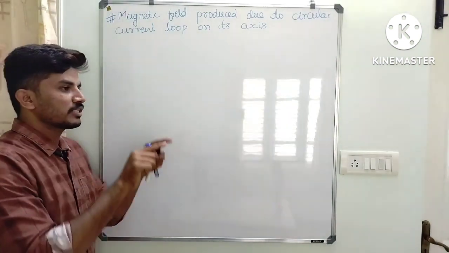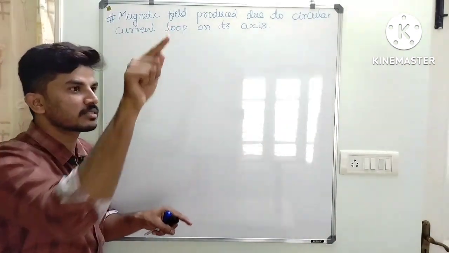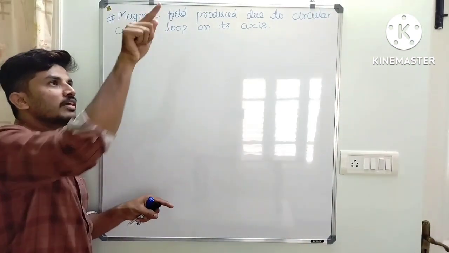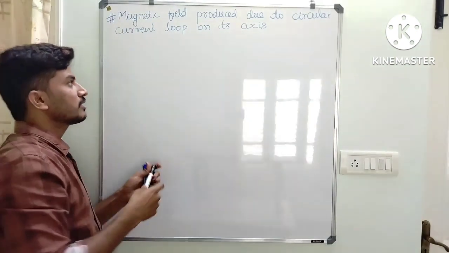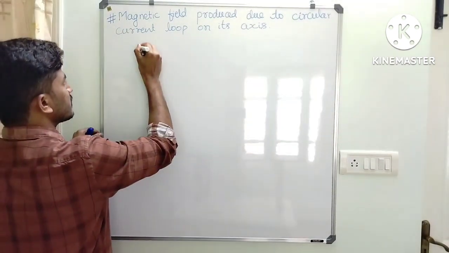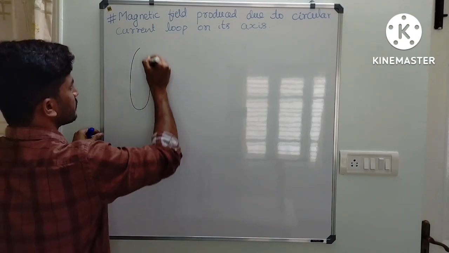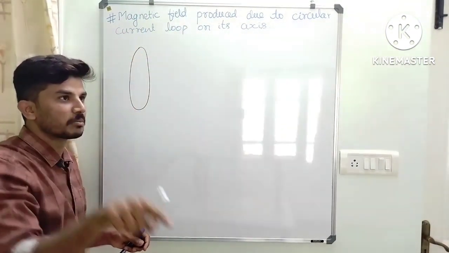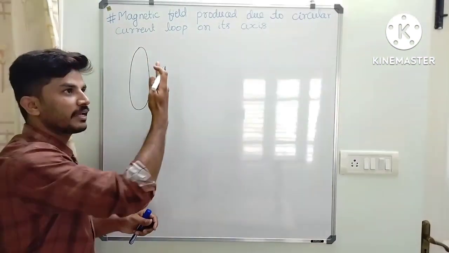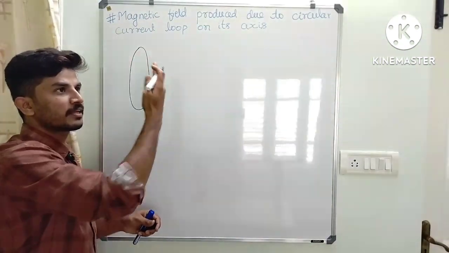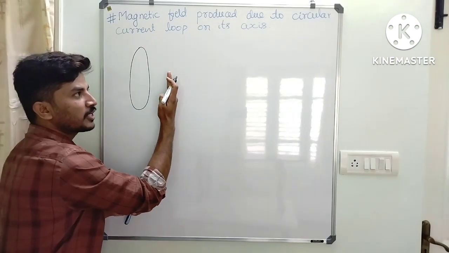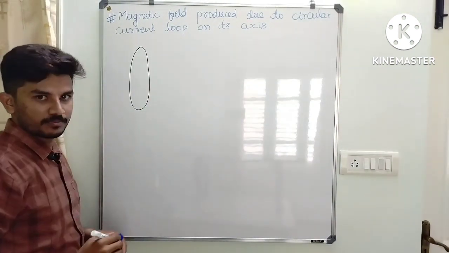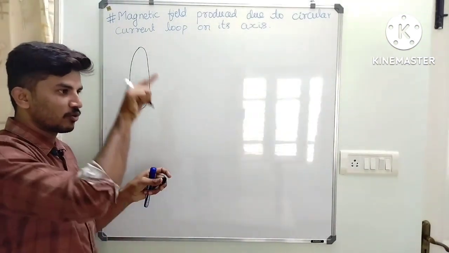See, so if I consider a circular current loop like this, I can't draw it perfectly, but let me consider like this. It is not the circular loop like this, but it is like this. Do remember, the plane of the circular loop is perpendicular to the plane of the board. Understood? The circular loop is like this.